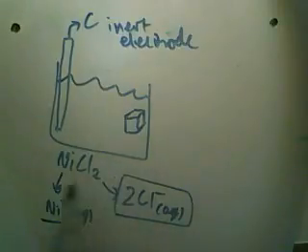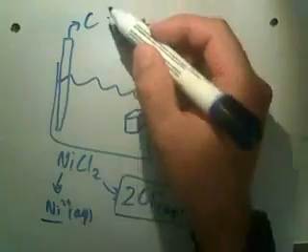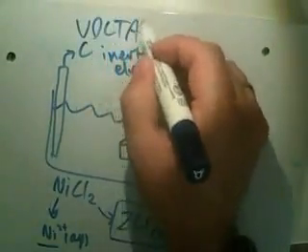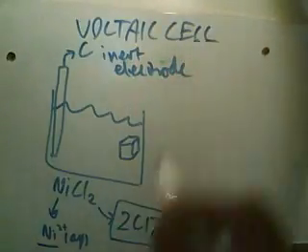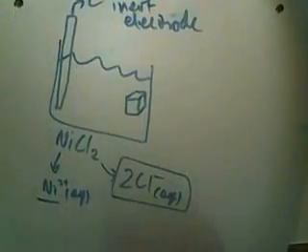And this is where you get your electrochemical reaction and you reverse the process. This is called a voltaic cell. Oh wait, it's not voltaic, I'm pretty sure it's electrolytic.